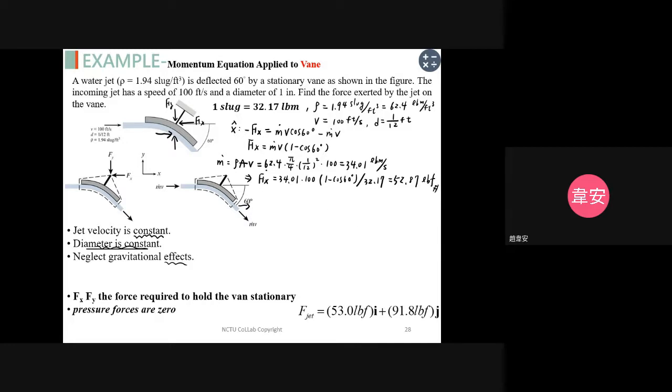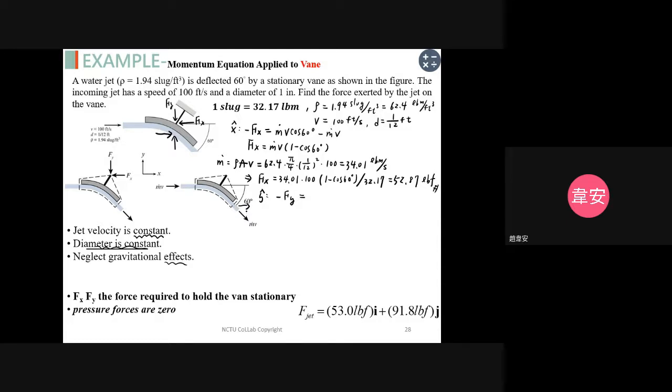Another is the Y direction. For the Y direction, we have minus Fy, and we neglect the gravity effect, so we don't have the weight contribution from the fluid. It is a balance of the momentum.